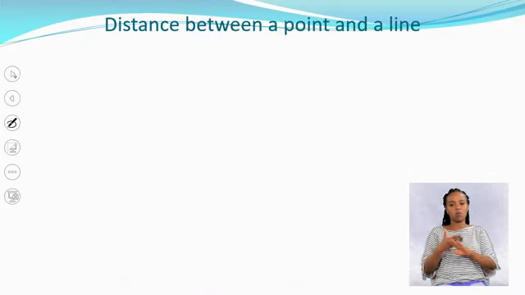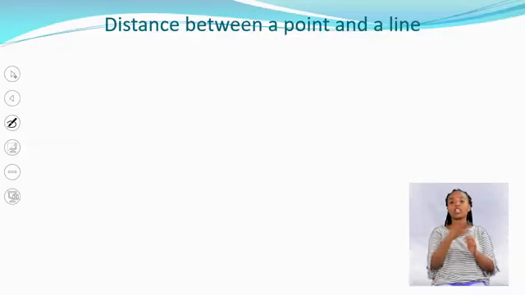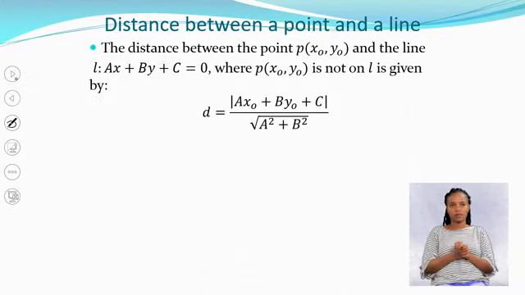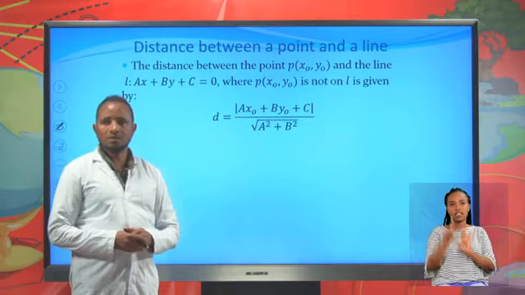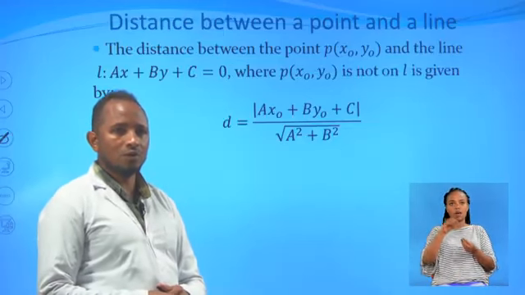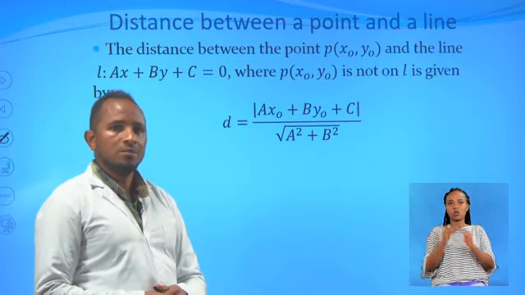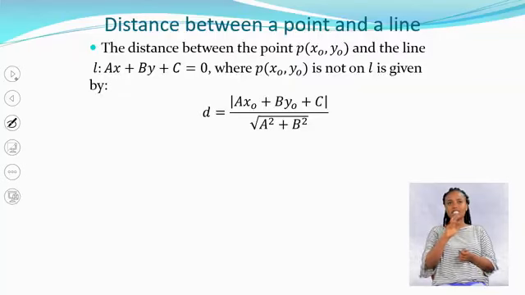Before directly proceeding to the equation of a circle, first let's see the distance between a point and a line. The distance between a point P(x0, y0) and the line L: ax + by + c = 0, where P is not on L, is given by this equation: D equals the absolute value of ax0 + by0 + c over the square root of a squared plus b squared.